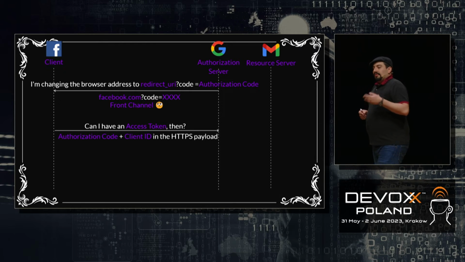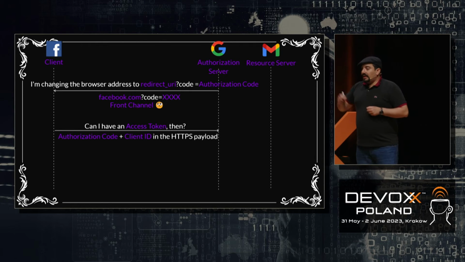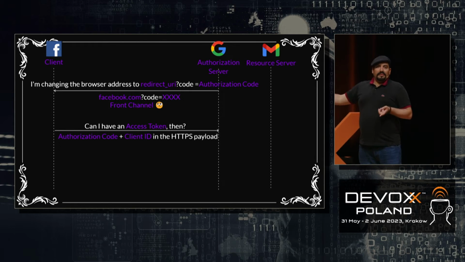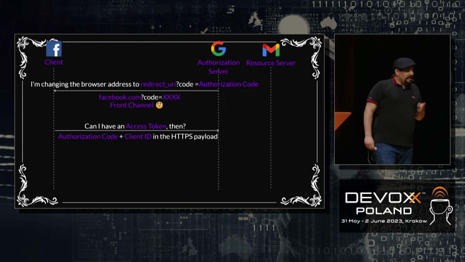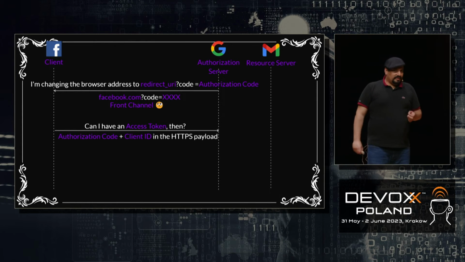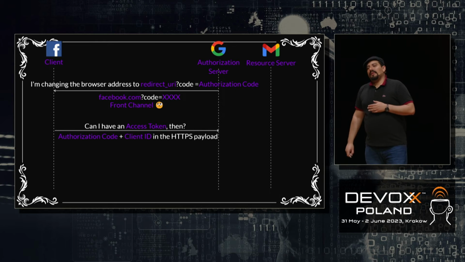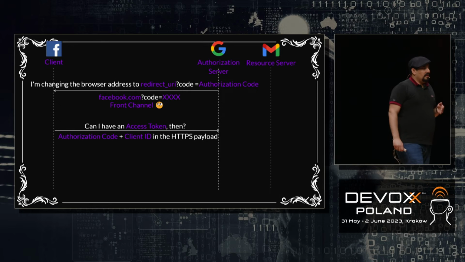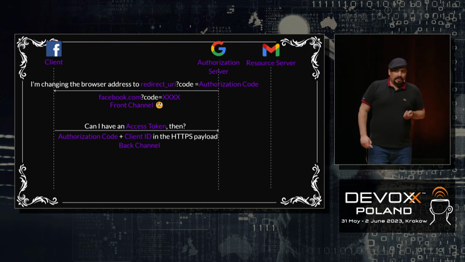HTTPS is synchronous, so you can be sure that your recipient received it, and it's really, really hard to do an interception with HTTPS. It's not impossible, but really, really hard. So that's why HTTPS here is considered as a back channel.